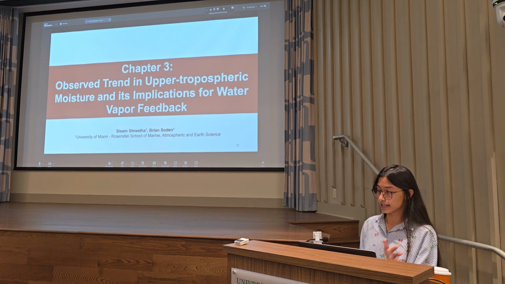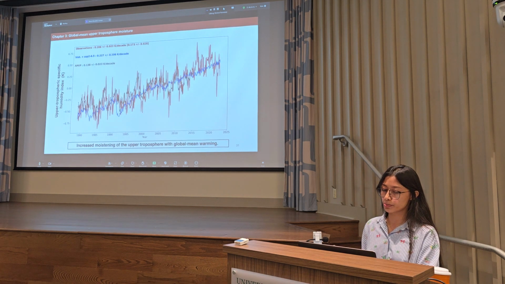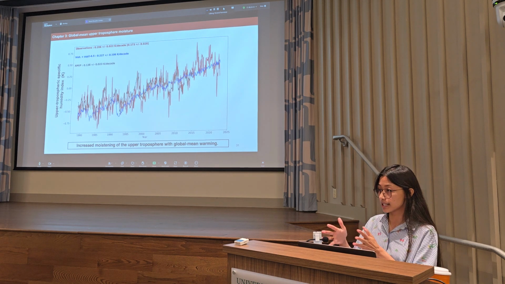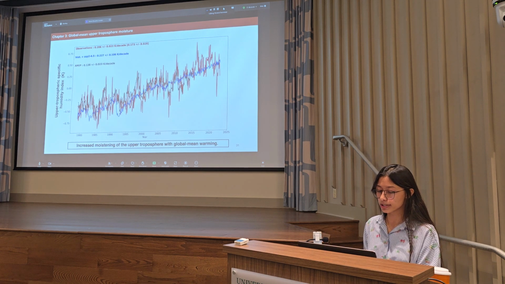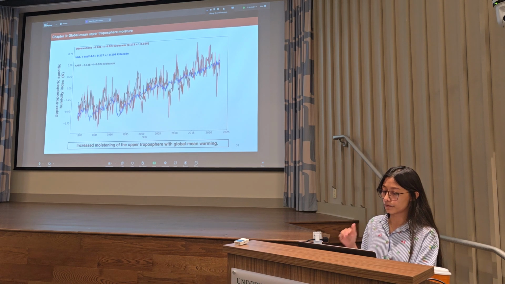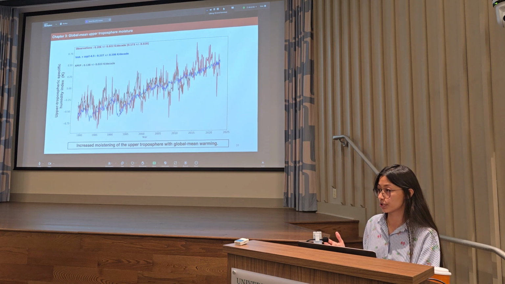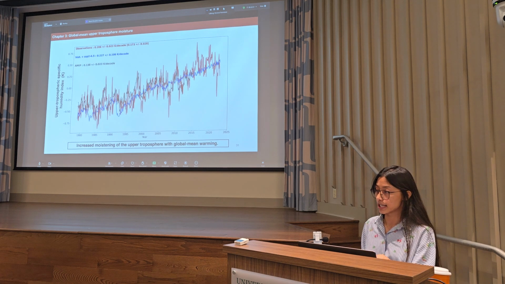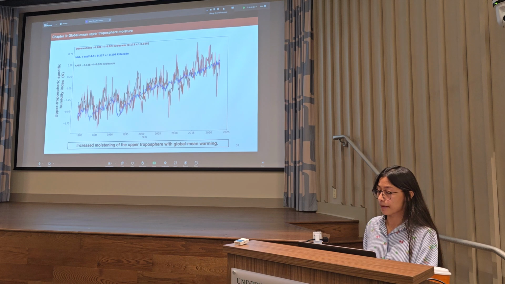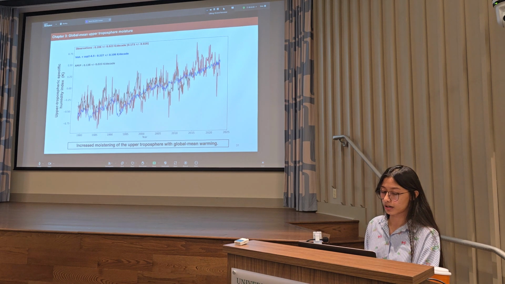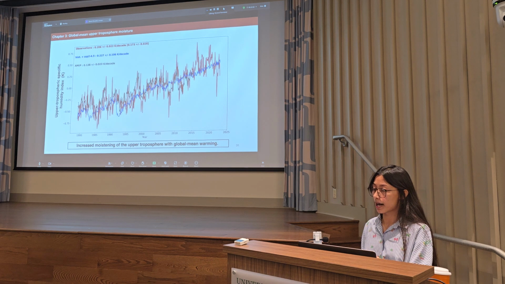So again, utilizing the HIRS observations, we derive an upper-tropospheric specific humidity index which combines different channels of satellite observations and shows that, specifically in the case of observations represented in this plot by the red line, there has been an increase in global mean moisture in our upper troposphere, which is also simulated by the AMIP experiments as part of CMIP6, represented here by the black lines, and also captured by our coupled historical runs represented here by the blue lines.